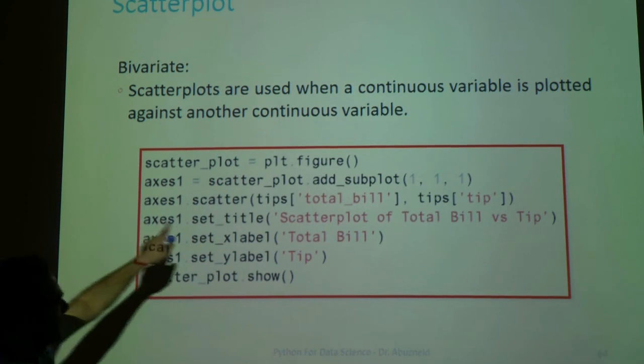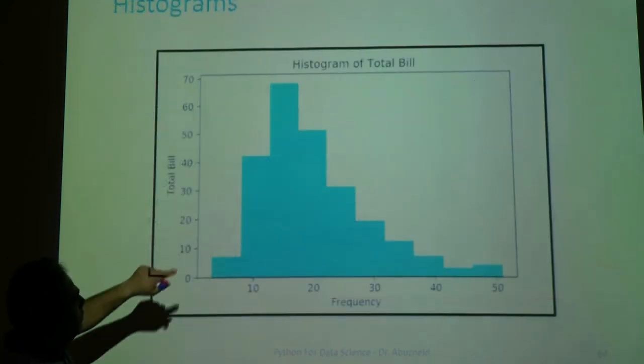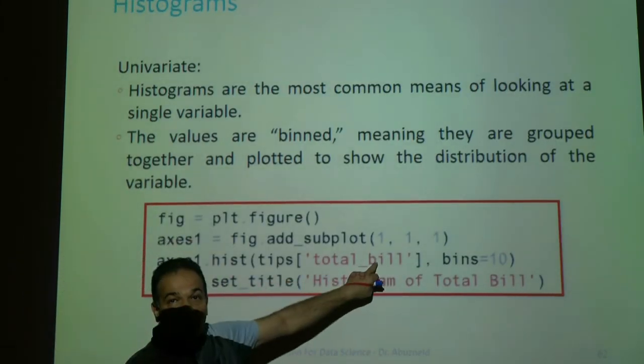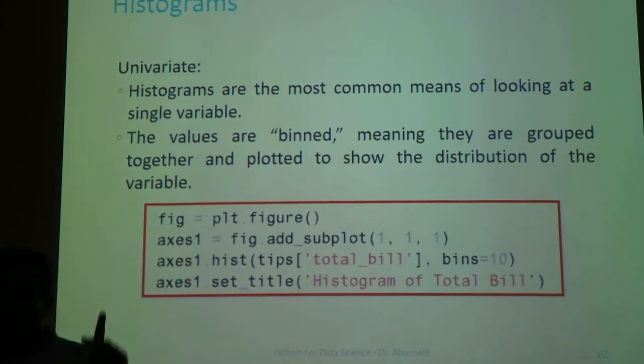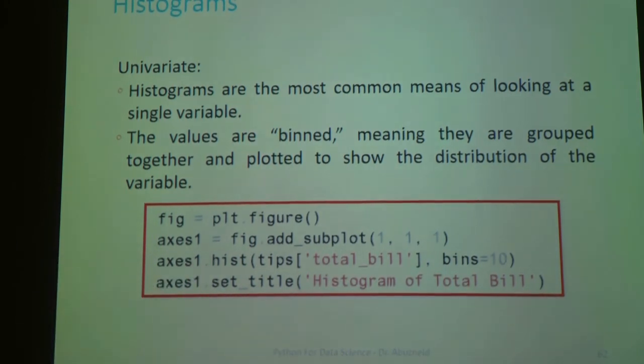So in here, what I'm plotting is only the total bill. It's one variable, which is the total bill. So let's say I have 70 bills, right? So I divide them into 10 bins, okay? Let's say the first bin is ranging from $0 to $10, the second one from $10 to $20, 30, 40, up to 80.